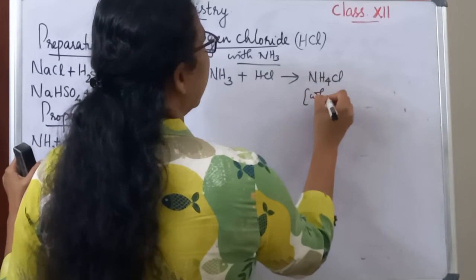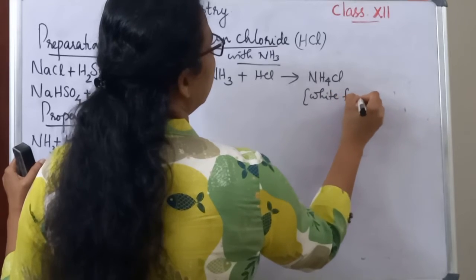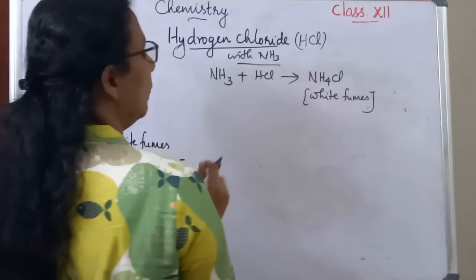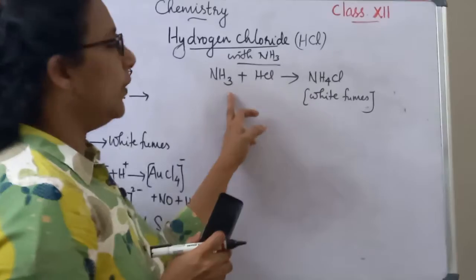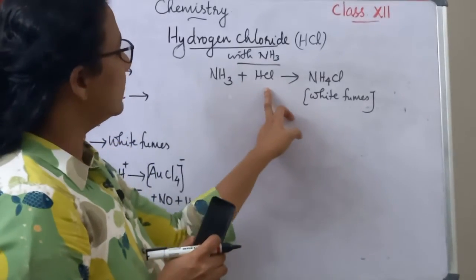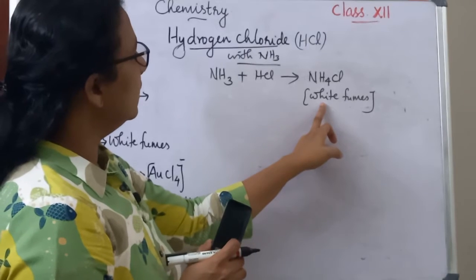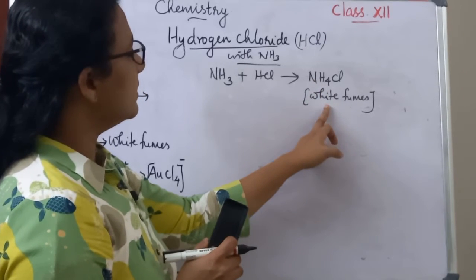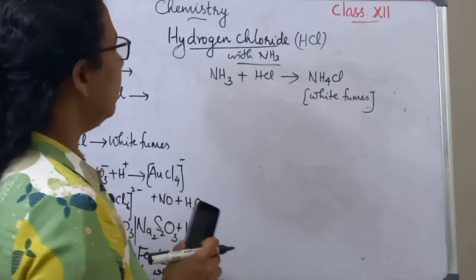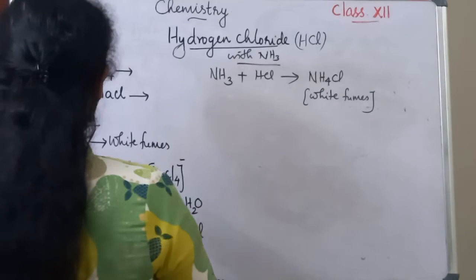Actually, we can see white fumes. So white fumes of NH4Cl, ammonium chloride, are produced when ammonia and hydrogen chloride gas react together. So white fumes are formed in this case, that is due to the formation of ammonium chloride. So this is another reaction.